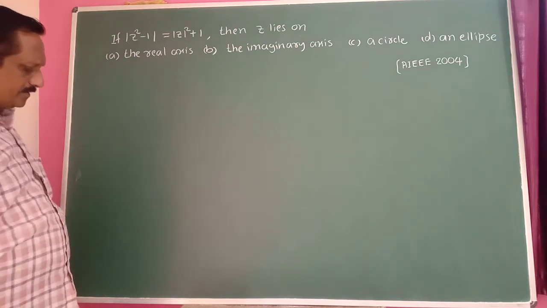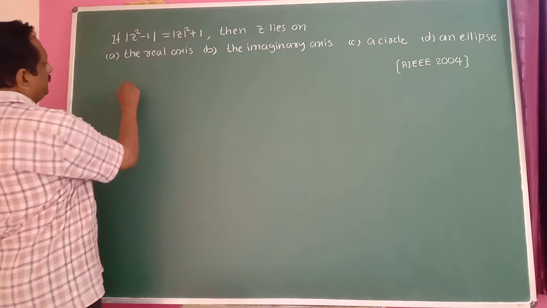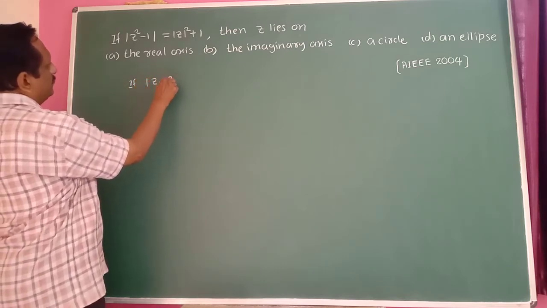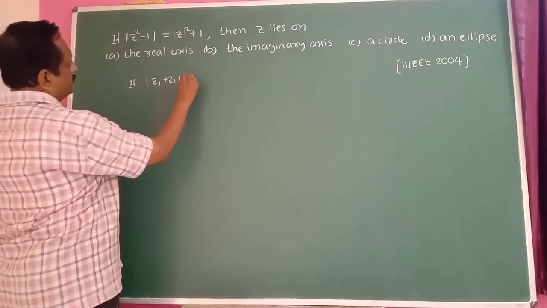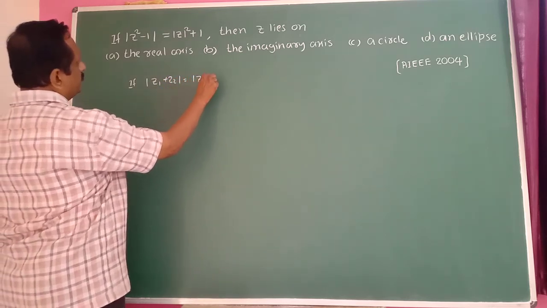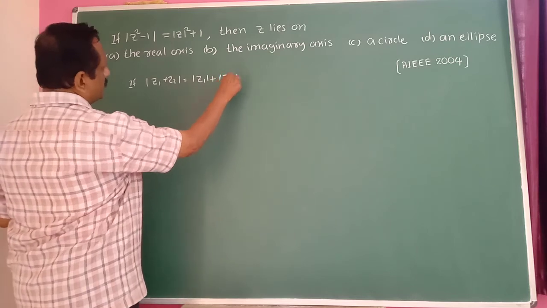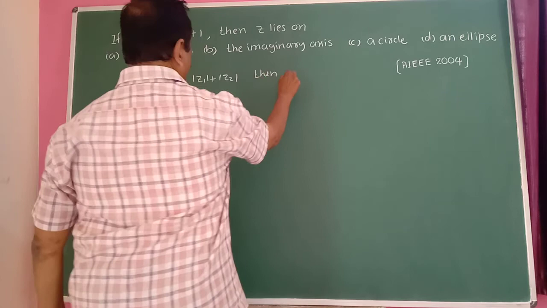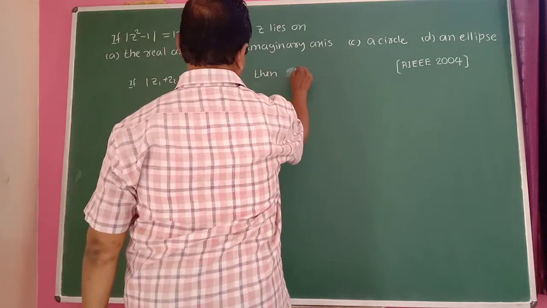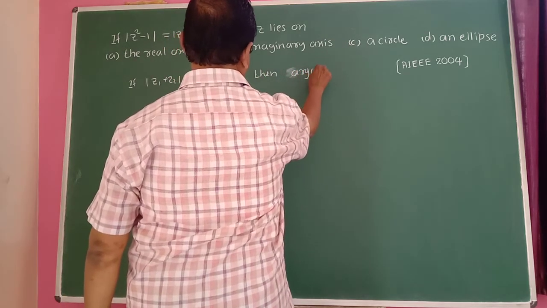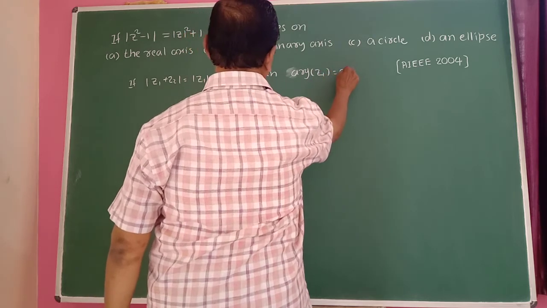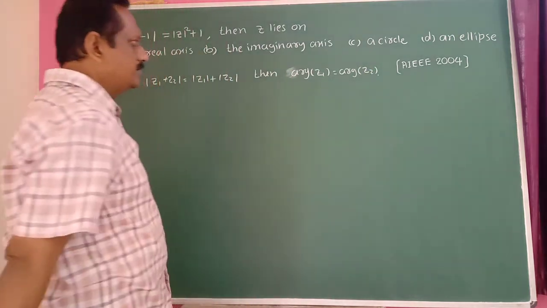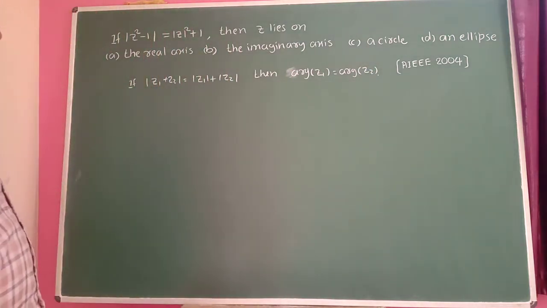There is one formula in complex numbers here: if modulus of z1 plus z2 is equal to modulus of z1 plus modulus of z2, then argument of z1 is equal to argument of z2. This is a formula in the complex number chapter.